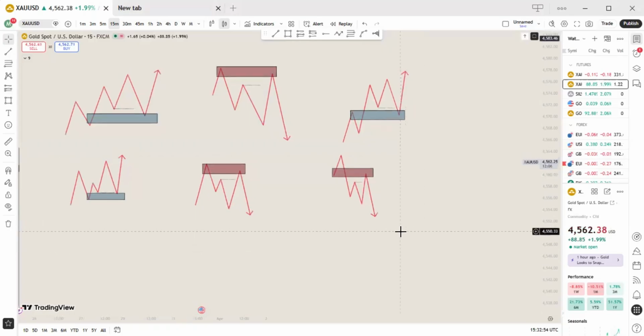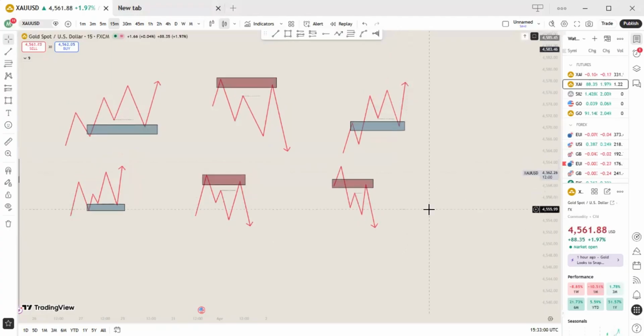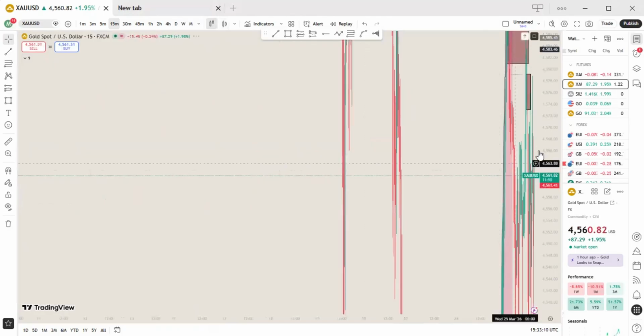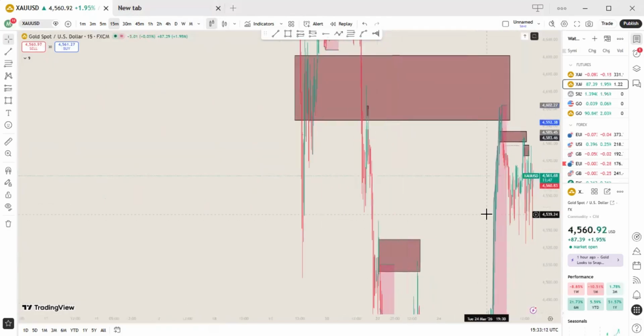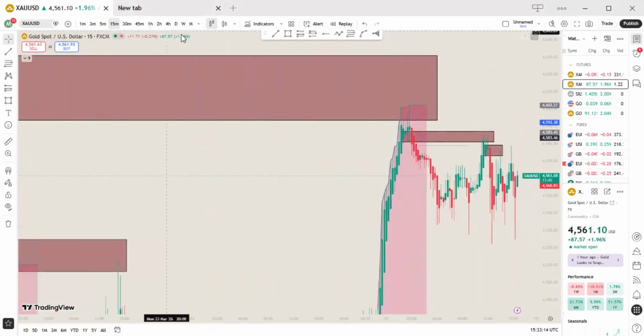Now, I said I wanted to show you guys how you are going to spot it in the market. The secret to spotting all these trading patterns I'm giving you now is that I make use of this type of candle, called the Heikin-Ashi candle.